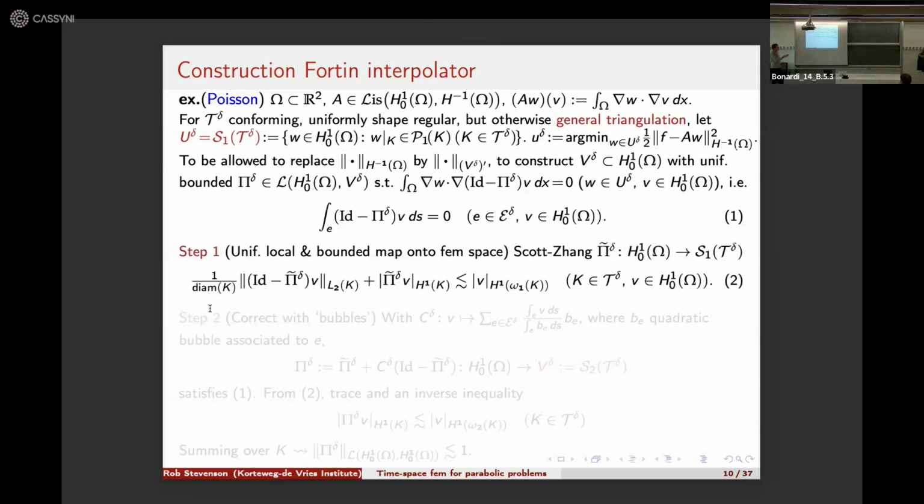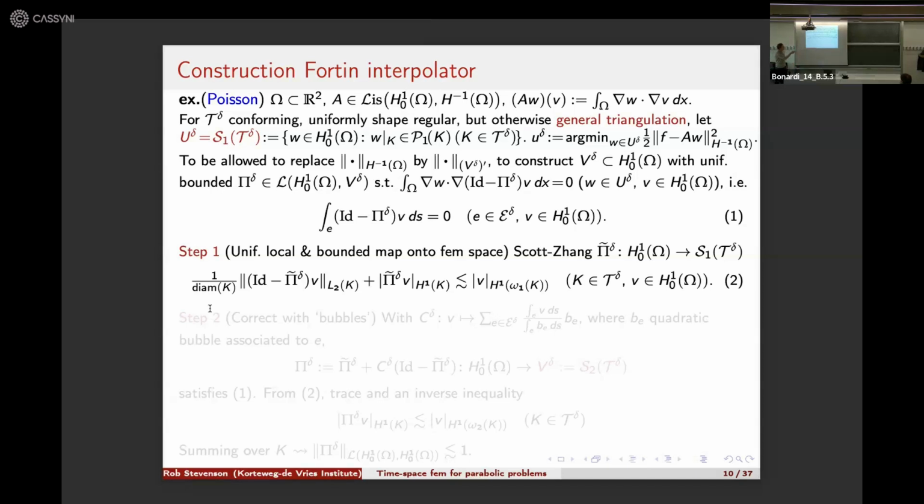You first start with constructing a projector onto your finite element space, which is locally bounded and also has locally an approximation property. The identity minus the projector is bounded by a factor h times the local H1 norm. This is known to be satisfied for, say, the Scott-Zhang interpolator.